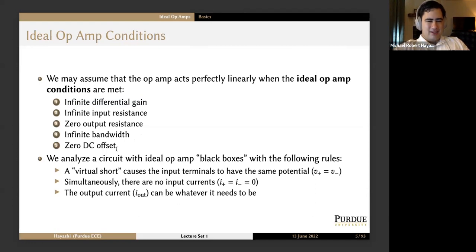And then when we analyze a circuit, we're going to create a virtual short condition that puts the inverting and non-inverting inputs at the same potential. We'll say there's 0 current drawn into the device, which seems like a contradiction, but don't worry, it's part of our analysis. And the output current can be whatever it needs to be.